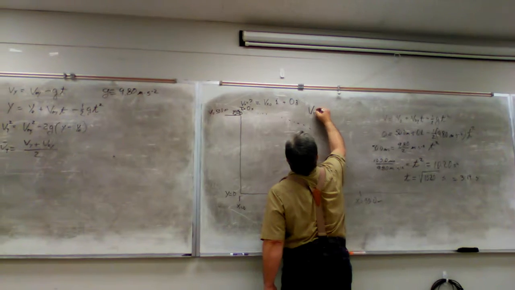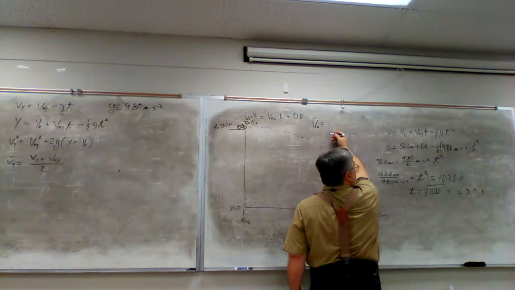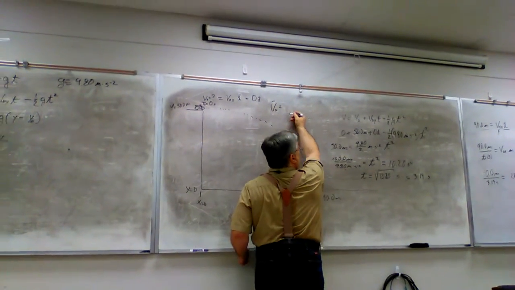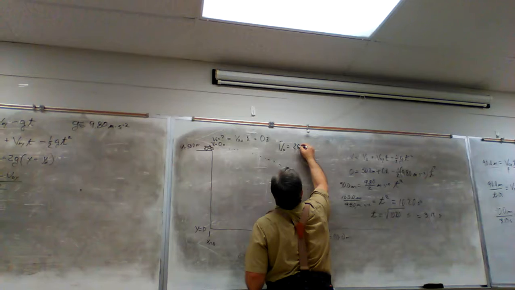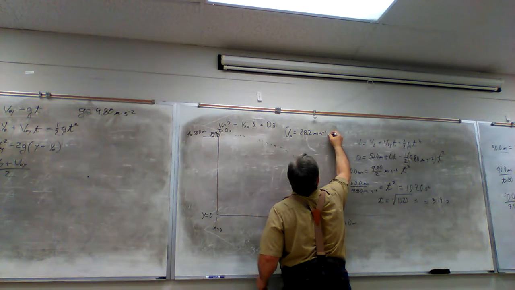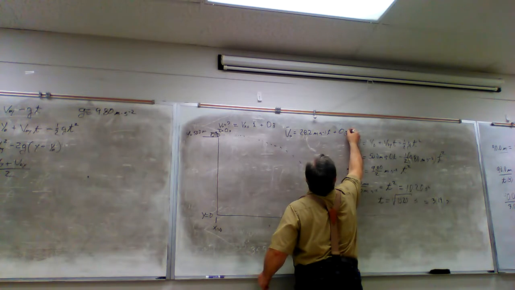So our initial velocity is, in rectangular form, 28.2 meters per second i plus 0 j.